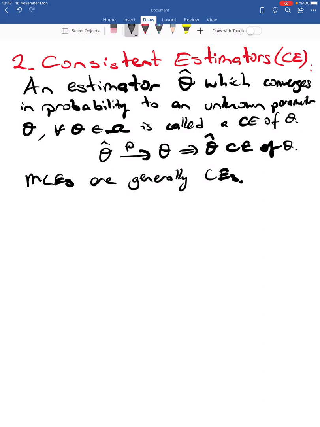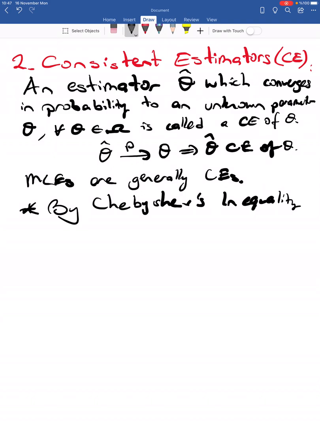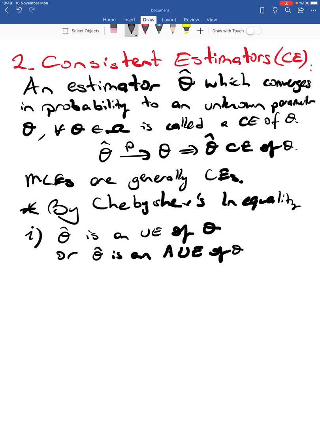In that we have three rules, if you remember. Actually we are using Chebyshev's inequality, but let me say by Chebyshev's inequality, if the estimator satisfies these rules: if theta hat is an unbiased estimator of theta, or theta hat is an asymptotically unbiased estimator of theta. Okay, this is one rule.